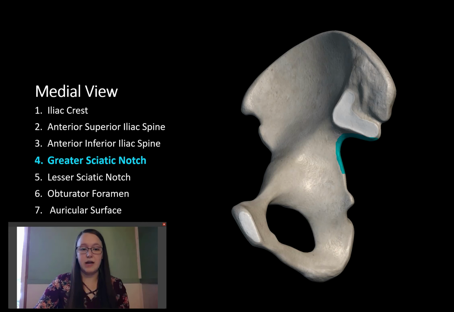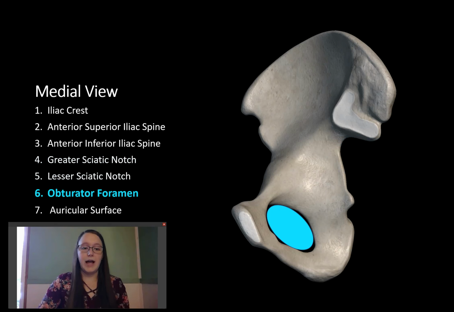On the posterior side, we have the greater sciatic notch, and below that, the lesser sciatic notch. And then we have a hole in the coxal bone, and that is called the obturator foramen.